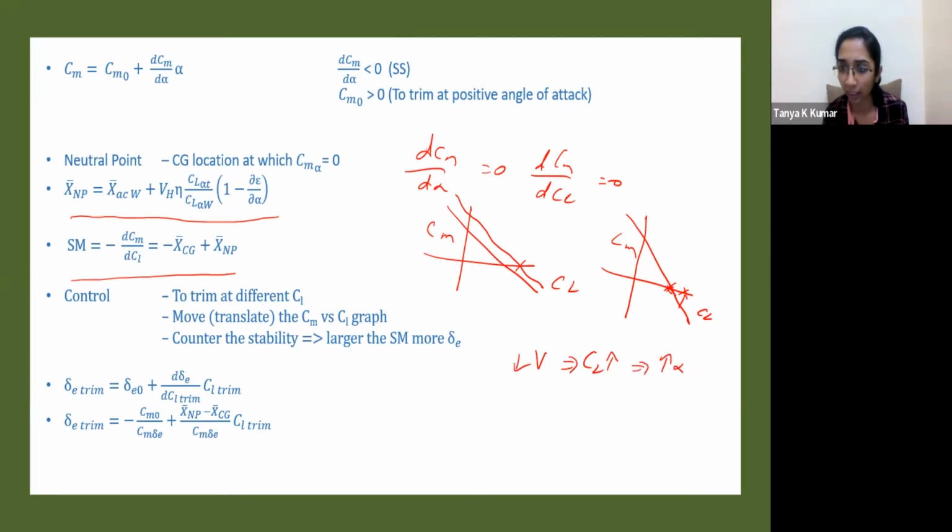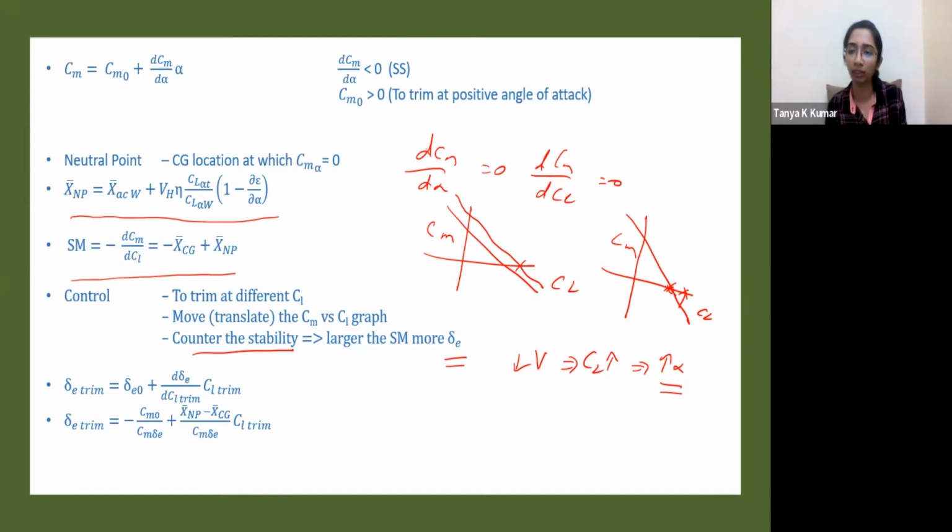A statically stable aircraft produces a restoring, negative CM, to counter this increase in angle of attack and bring it back to trim. That is why we introduced a control surface, to counter the stability. The larger the static margin, the larger the measure of stability, so you require more control deflection to control the aircraft. That is analogous to the maneuverability that we had studied.